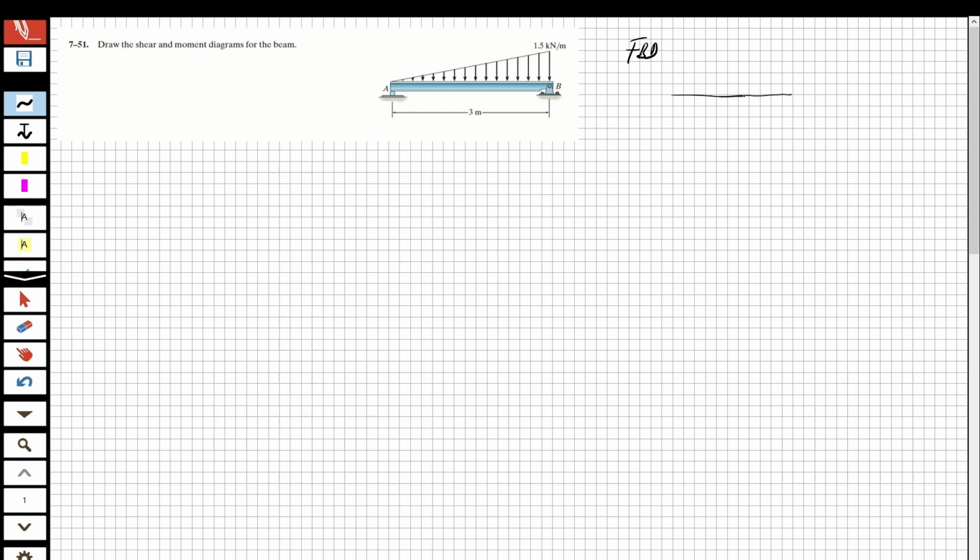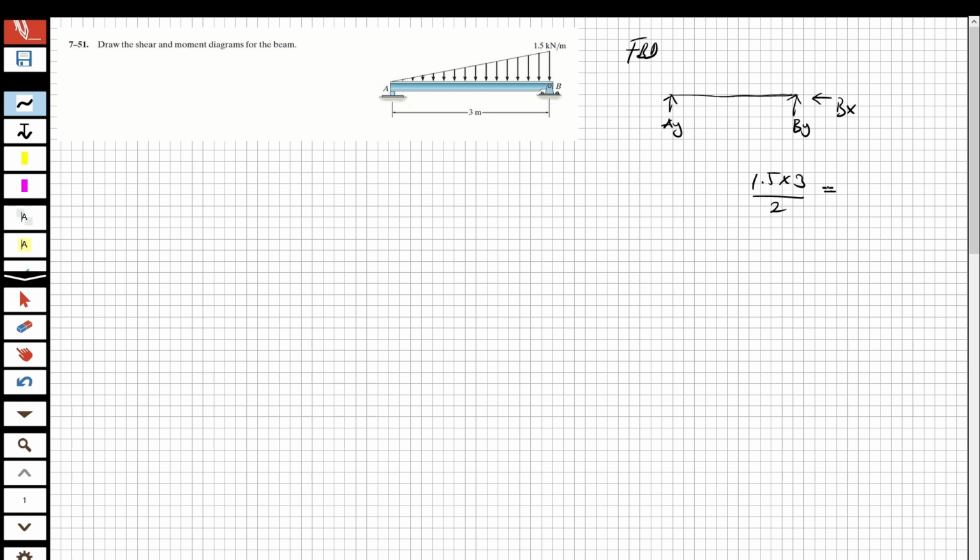For example, this is our beam, and this is a roller, and I have AY, and I have BY and BX, and I have 1.5 kilonewton per meter as the triangular load. I have to convert it to a point load. So how am I going to do that? It's going to be 1.5 multiplied by 3, this length, over 2.